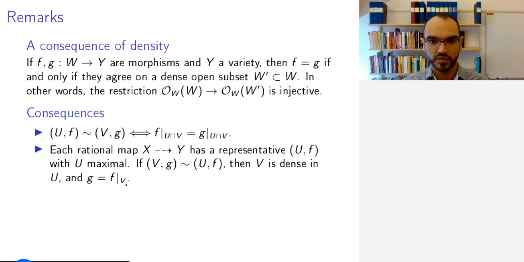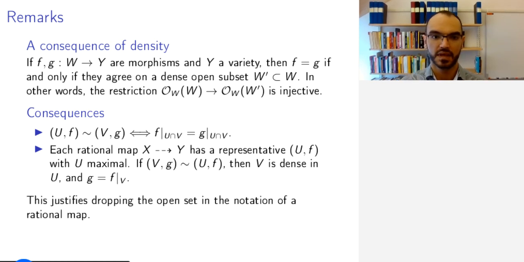And so if you take this representative (U, f) with U maximal open, then any other element in the equivalence class will be such that V is dense in U, because V is already dense in X, and g is the restriction of f onto V. So this justifies dropping the open set in the notation of a rational map, since we can always take the maximal open set and look at all points where the rational map is defined at once. It doesn't make any change.